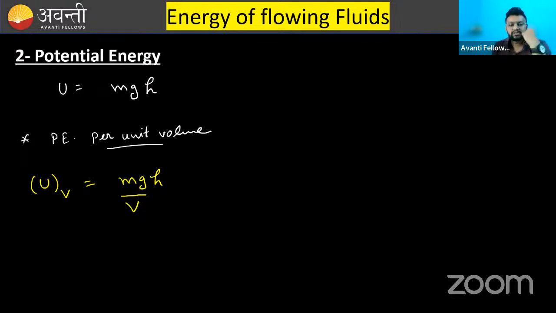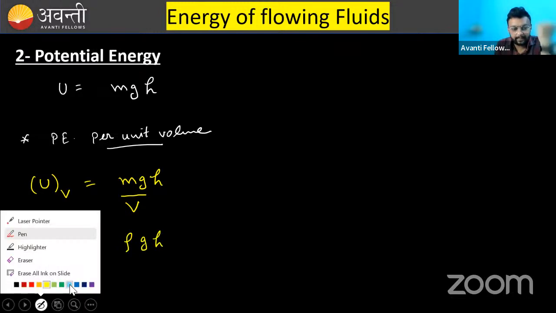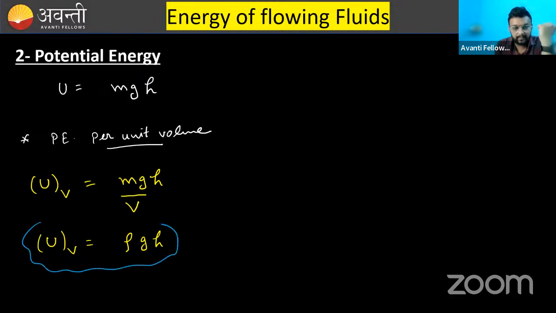So mass per unit volume is again density. So potential energy per unit volume is rho g h. You need to remember these terms. Potential energy per unit volume is rho g h.